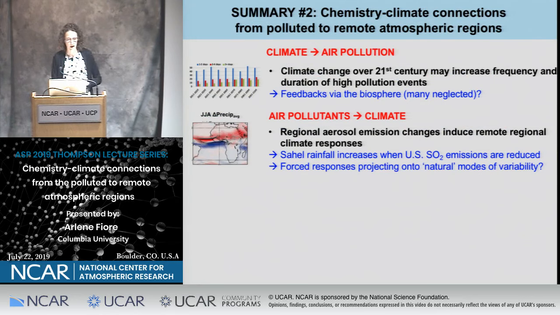And so that's the little summary here. The key takeaways are that we do find that regional aerosol emission changes are inducing remote precipitation responses. And I didn't show you, Andrew Conley here from NCAR has a paper where he was looking at changes in temperature. And I should have mentioned that this project is led by Jean-François Lamarque here at NCAR. And it's been a lot of fun working on this.